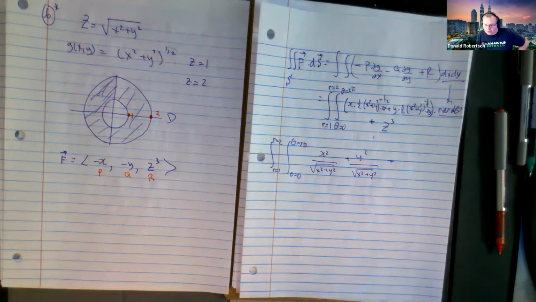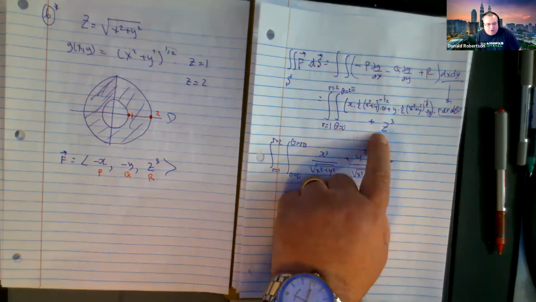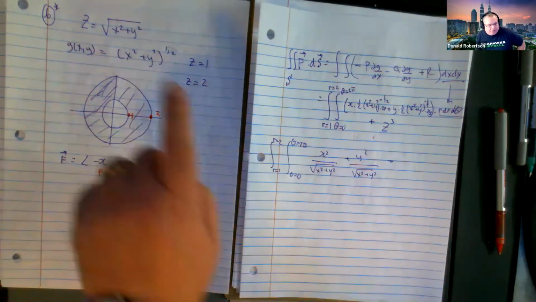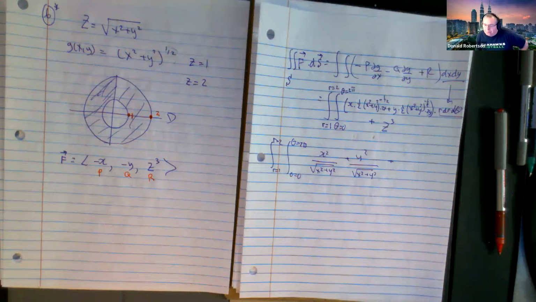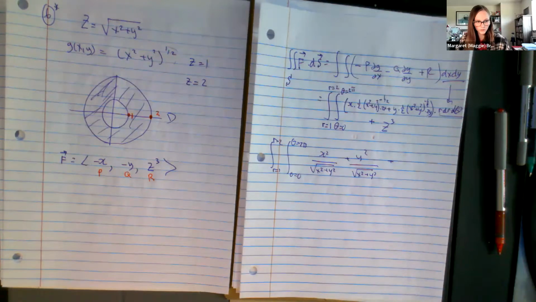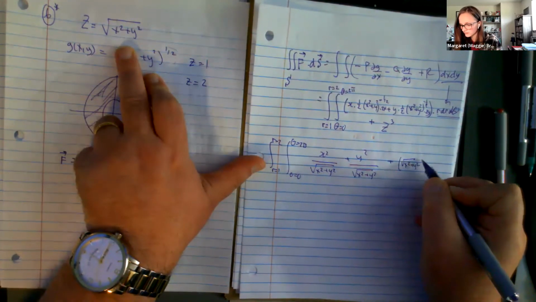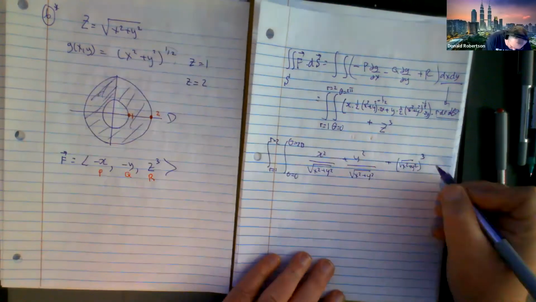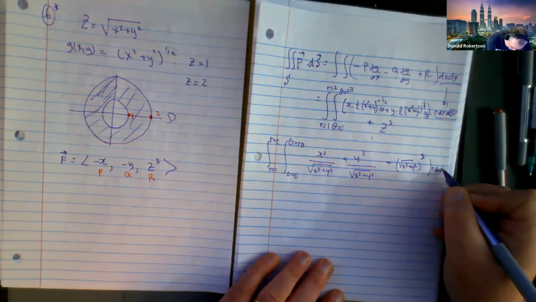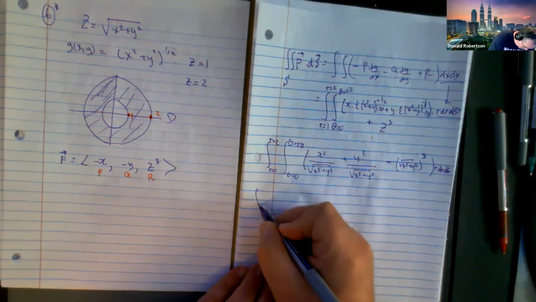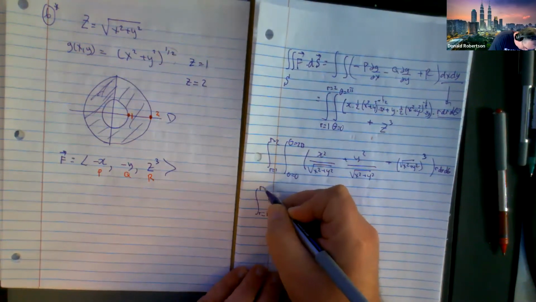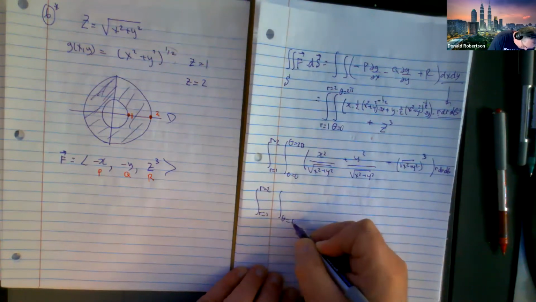I can't have any z's left over. What do I replace my z with in terms of x and y? Would it be the root of x squared plus y squared? Yep. I'll just write it like that. R dr d theta. Well, it's looking a little bit nicer. Still got a fair distance to go.